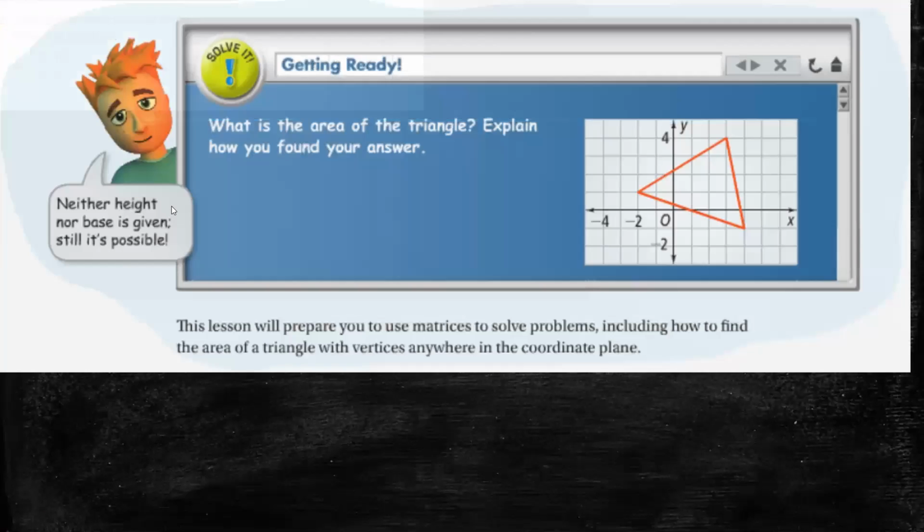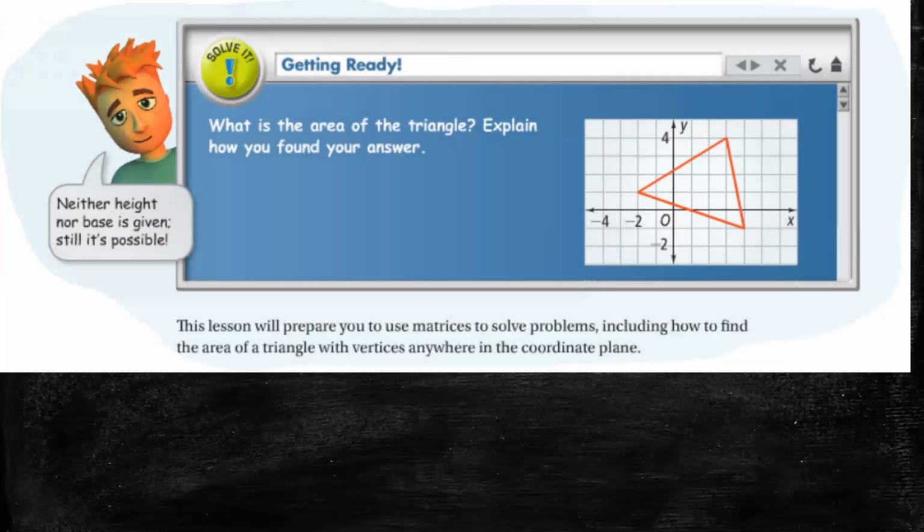Now, at the beginning of the lesson, we said that we can also use the matrix to find the area of the triangle. This boy told me that neither height nor base is given, but still it's possible.